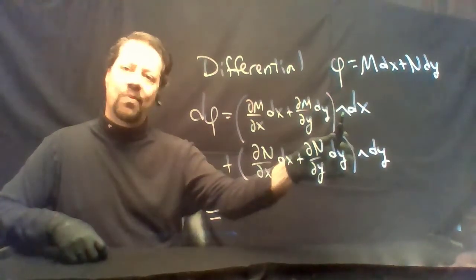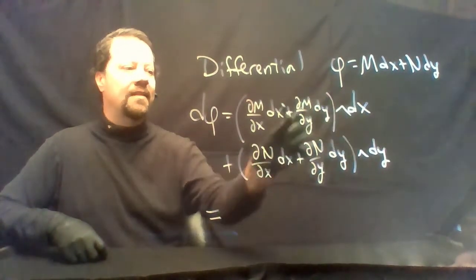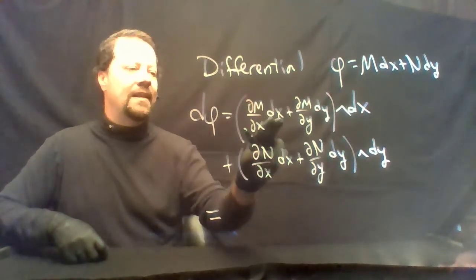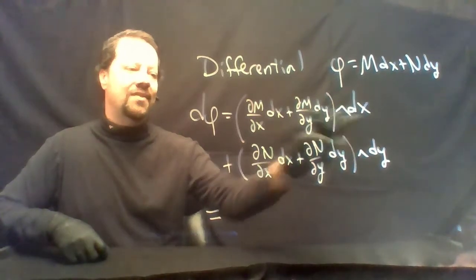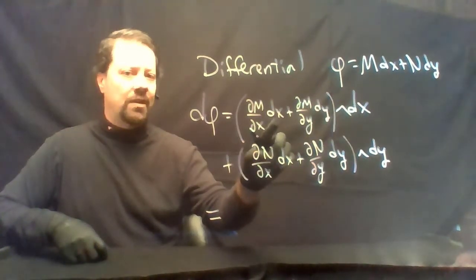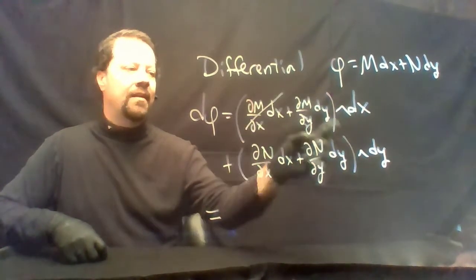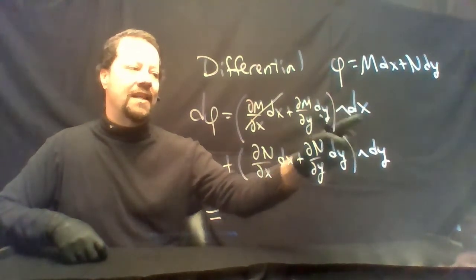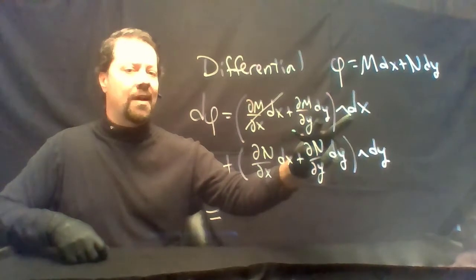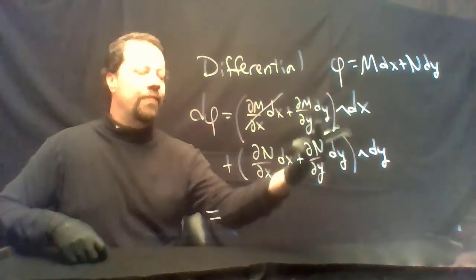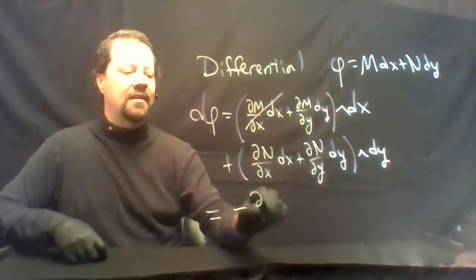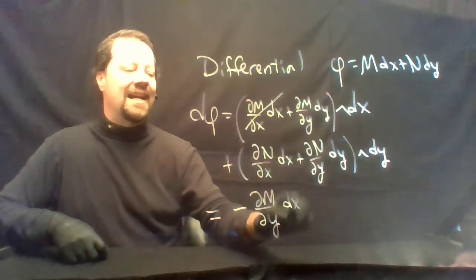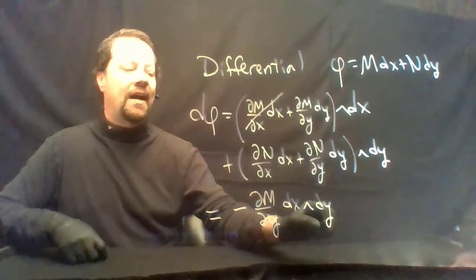Now, when we do this wedge product, the wedge product will be able to distribute across sums like this. We'll end up with a dx wedge dx. So that first term will go away. On the second term, we'll have a dy wedge dx. Remember, the wedge product is skew symmetric. To reverse that, we'll get minus dm/dy dx wedge dy.